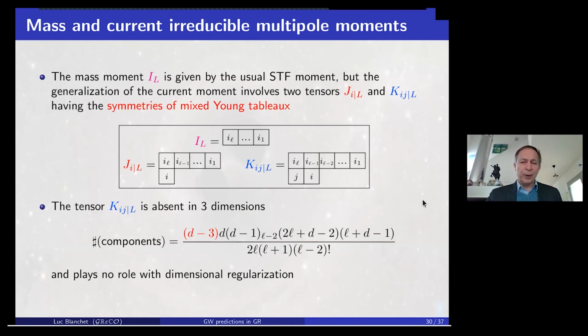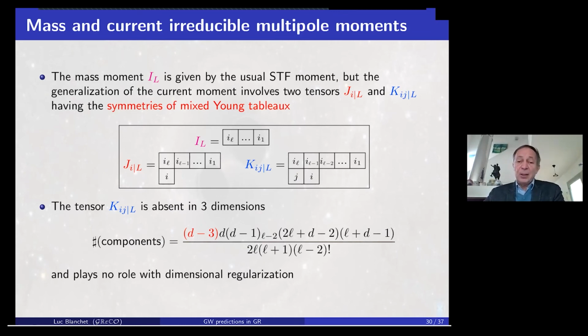Finally, what we found is that the generalization of the mass and current multipole moments in D dimensions involves the usual mass moments that are given by the usual STF expressions, but the generalization of the current moment involves actually 2 tensors, one which is a straightforward generalization of the current multipole moments, and one which is an extra moment, which is neither mass type nor current type, but which is an extra contribution.